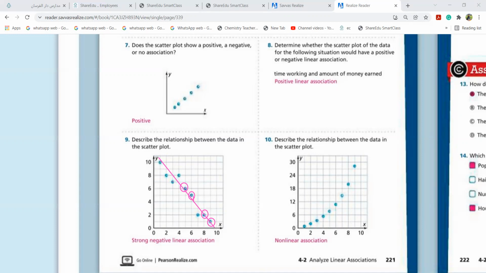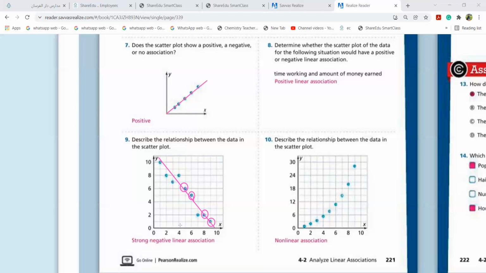I hope you are getting these terms. Nadia, are you able to understand over there? Yeah, I'm understanding. Why is it called linear? Because it's a straight line. If it increases, it goes up, it's positive.